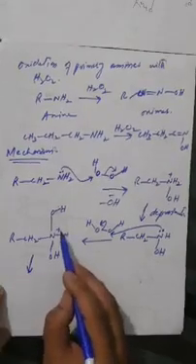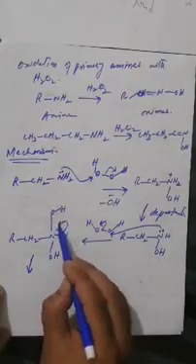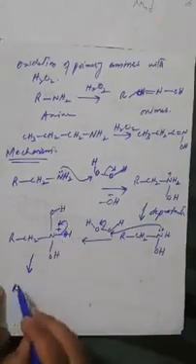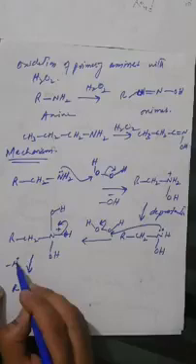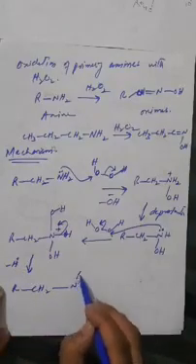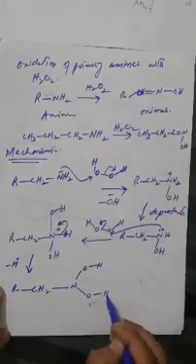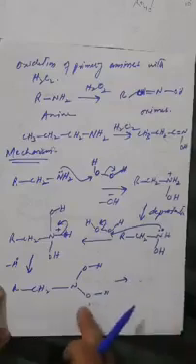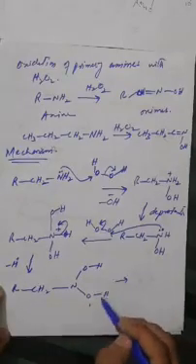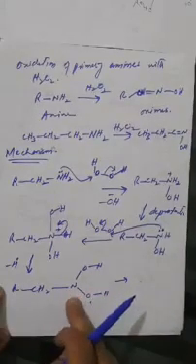What will happen? Deprotonation to stabilize this positive charge. So when this bond moves over here, after the abstraction of hydrogen ion, you get this compound. What is the name of this compound? A gem diol. Two hydroxyls are directly attached to the same heteroatom.